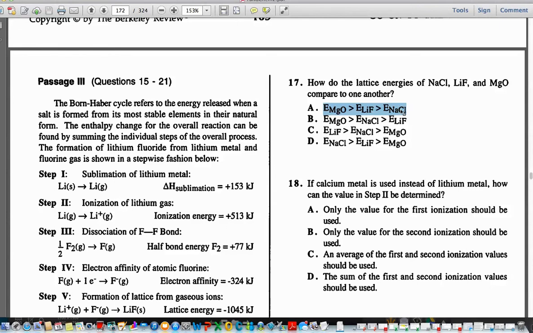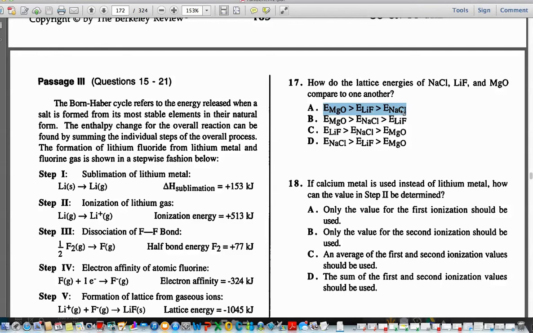Okay, if calcium metal is used instead of lithium metal, how can the value in step 2 be determined? You've got to have the ionization energy for both of those, and so you should take the sum of the first and the second, because that's how much energy it takes to make the cation.